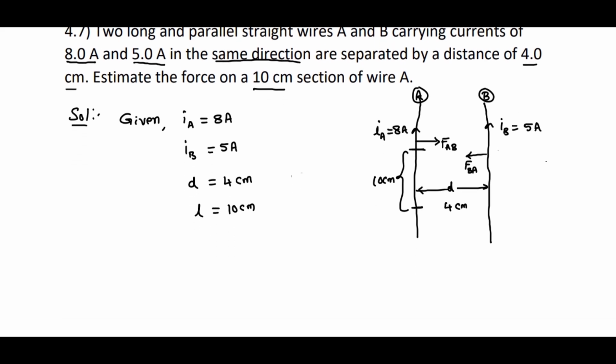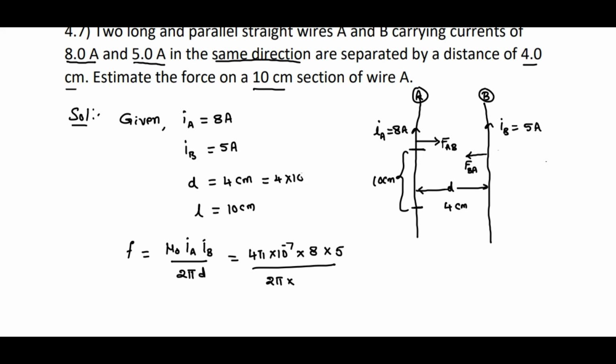Now, the force per unit length is equal to mu naught times current passing through A and current passing through B divided by 2 pi into D. That is equal to 4 pi into 10 power minus 7 and current passing through A is 8 ampere, through B 5, divided by 2 pi into D value 4 into 10 power minus 2 meter.